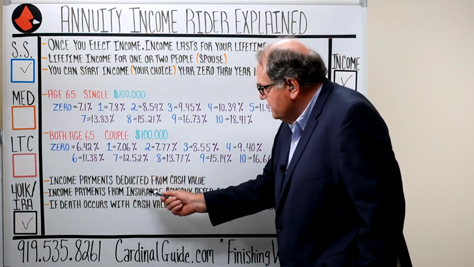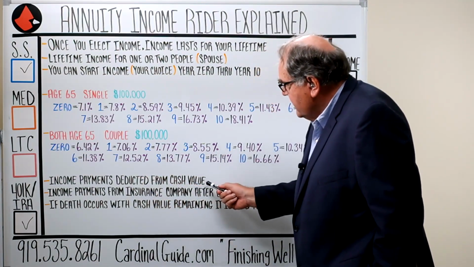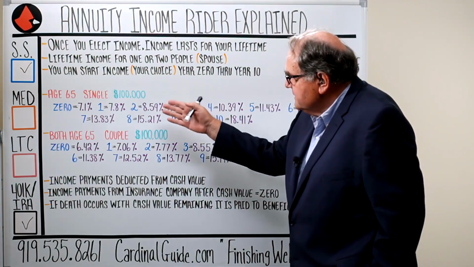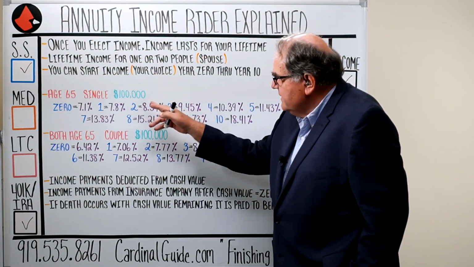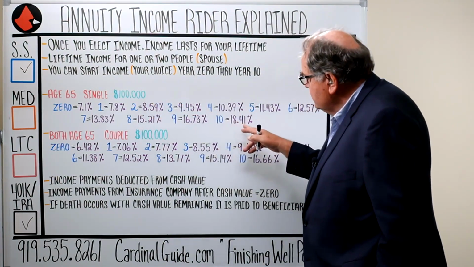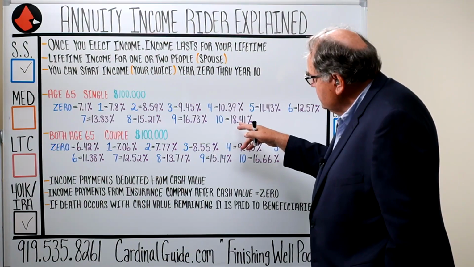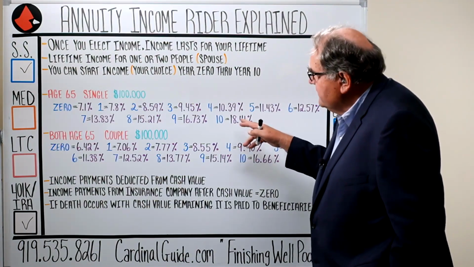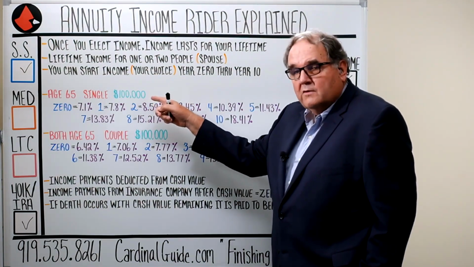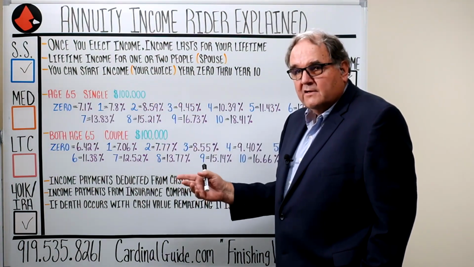Okay, so on with some of the details. The income payments are deducted from the cash value. So if you actually bought this annuity, you were 65, and you put 100,000 in there, and then you waited 10 years to start drawing out the 18,410, well, this 100,000 will have grown quite a bit in the 10 years.